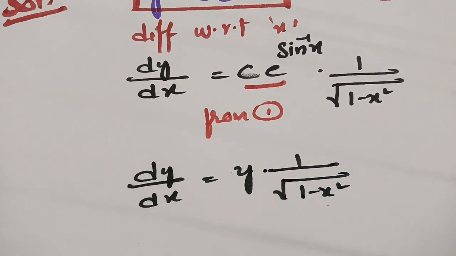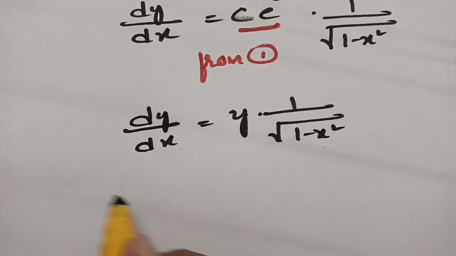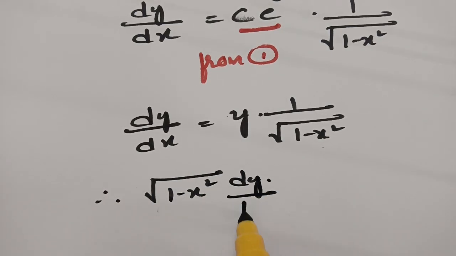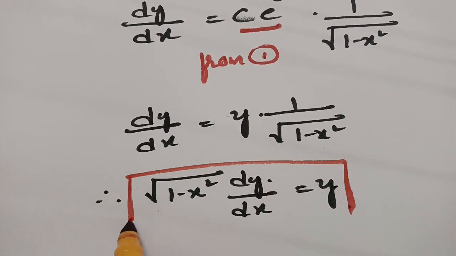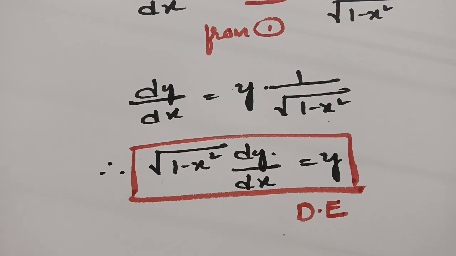See here, the constant c is eliminated and one derivative remains. Therefore, if I send this to the other side, this will be root over 1 minus x square into dy by dx is equal to y. So this is the required differential equation after eliminating the constant c.